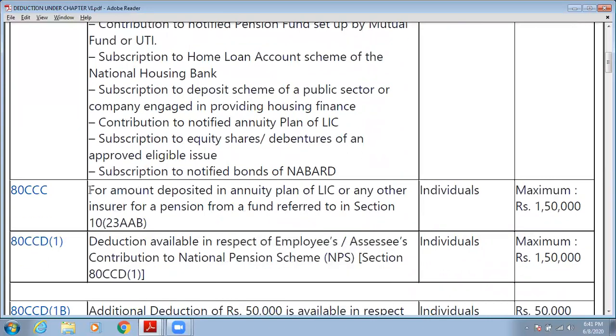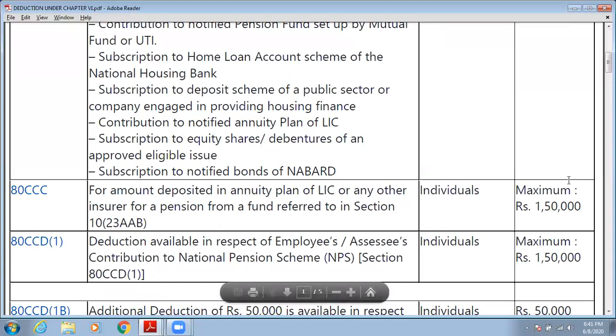Now let's discuss the next section of deduction. Next deduction is 80CCC. So what is it? See, for an amount deposited in an annuity plan of LIC or any other insurer for pension from the fund referred to in section 10(23AAA). If you deposit any amount in any annuity plan of LIC or any other insurer, then in that case you are allowed deduction under section 80CCC.